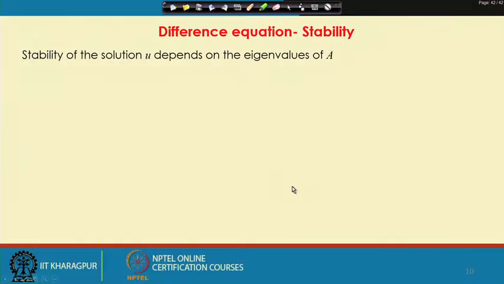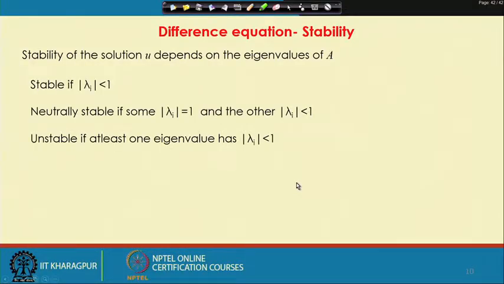That depends on the eigenvalues of A. The solution is stable if the absolute value of lambda i is less than 1, considering all lambdas. Or we can say the maximum absolute value of lambda, we consider all lambdas, find out which one has the maximum absolute value, and that should be less than 1.